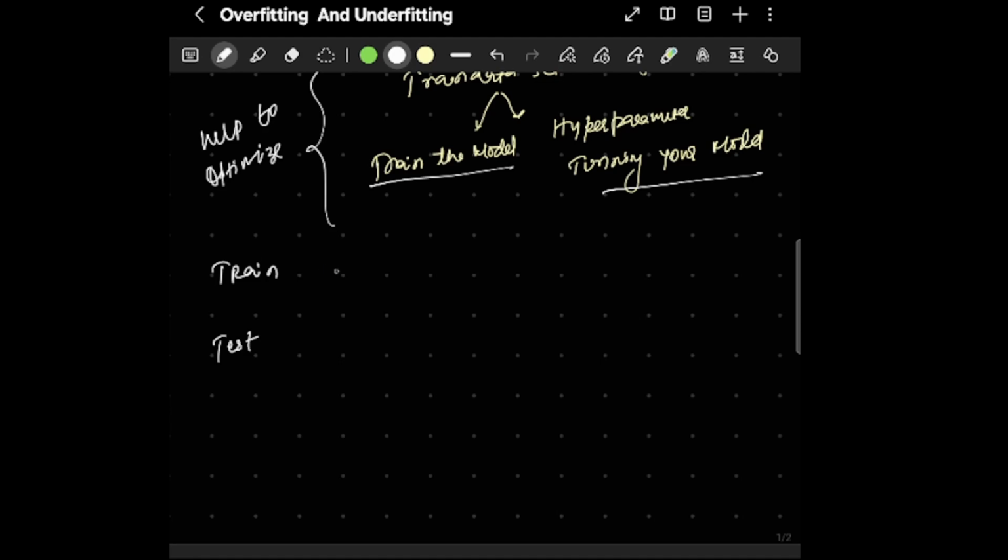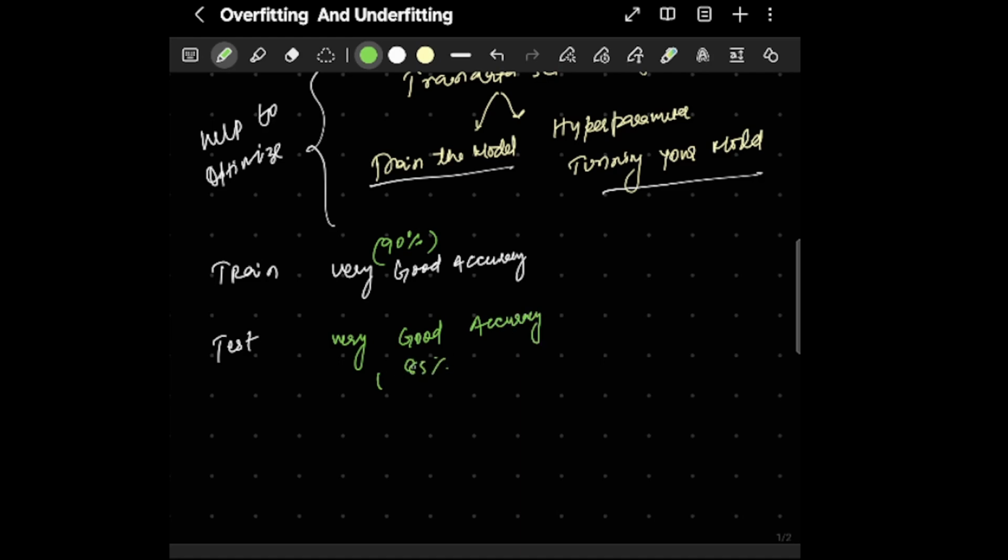Let's say the train data has around 90% accuracy, and the test data also has very good accuracy, around 85%.